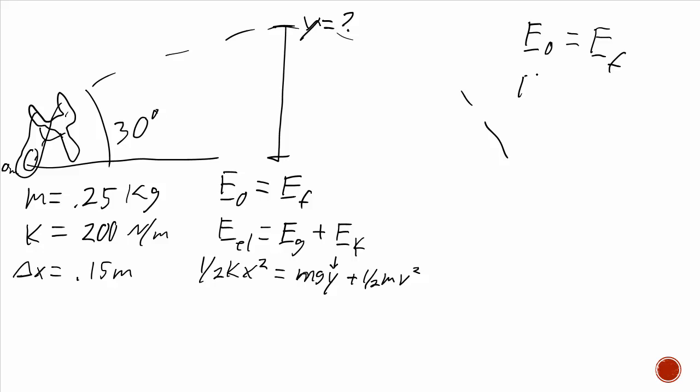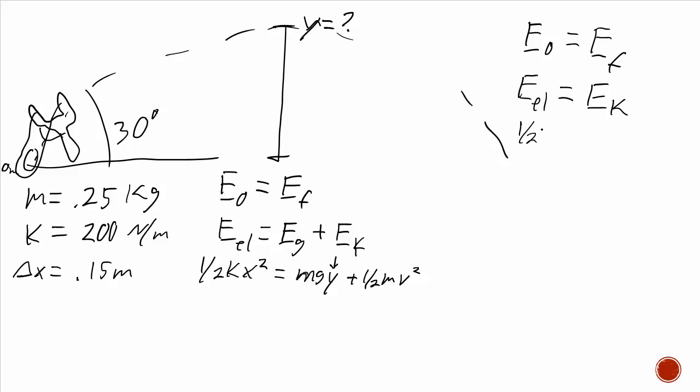So when it was pulled back, I had elastic energy. When it just left the slingshot, I'm going to ignore the little change in height here. We like to do that in physics, ignore things when we feel like it. So here all of my elastic becomes kinetic energy. So this is going to allow me to find the initial velocity, the launch velocity of our rock.